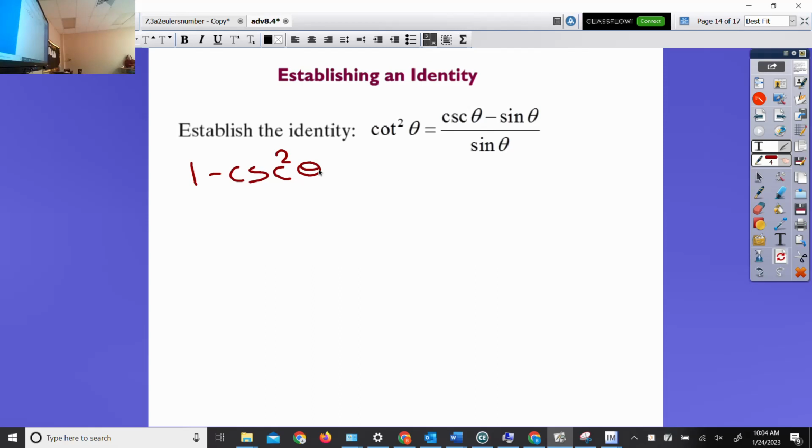Start with X. I don't know, Jaden, I just got this far. It's actually almost done. Rewrite cosecant. Wait. 1 over sine? 1 over sine squared? 1 minus 1 over sine squared theta. Put the fractions together. What do you mean?